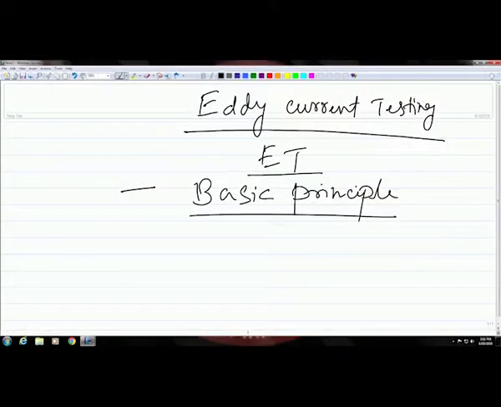Okay. Let us say you have a conductor like this, which is carrying an alternating current or changing current.